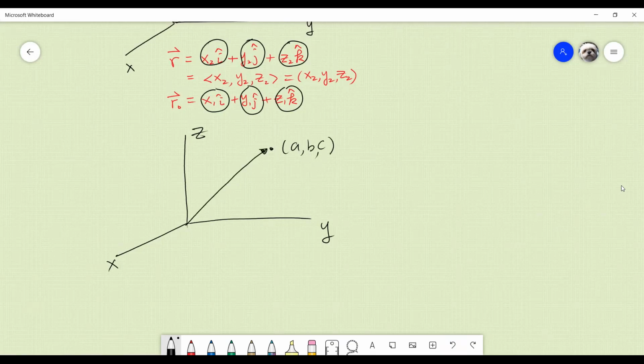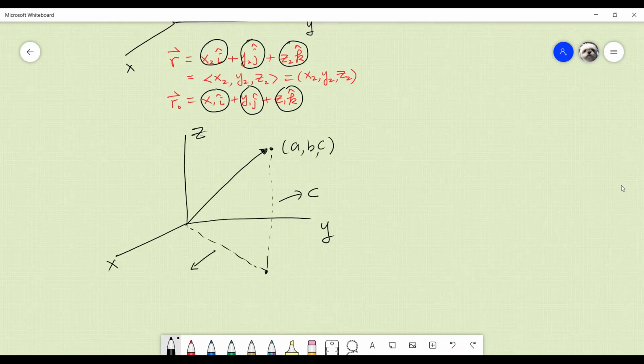Now I'm going to take a projection here. This length is C, the height. And what is this length?